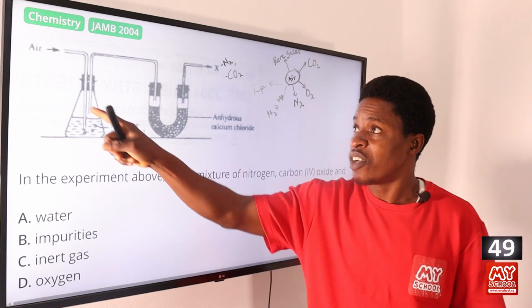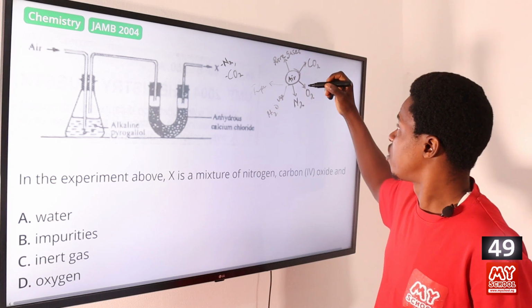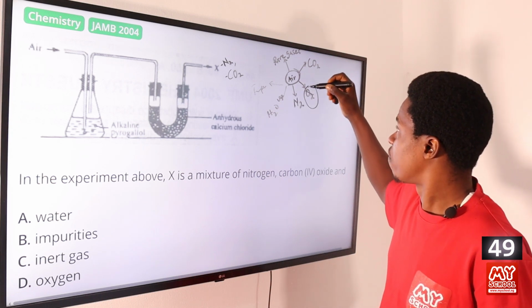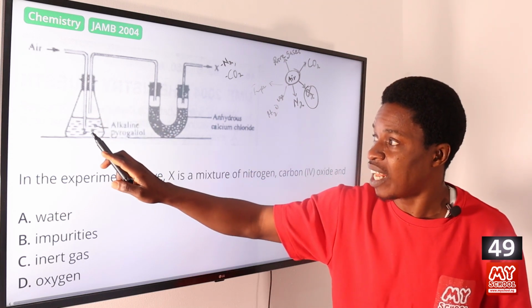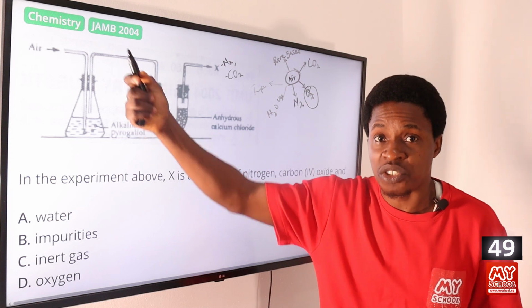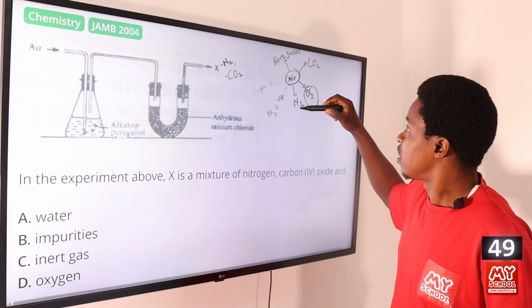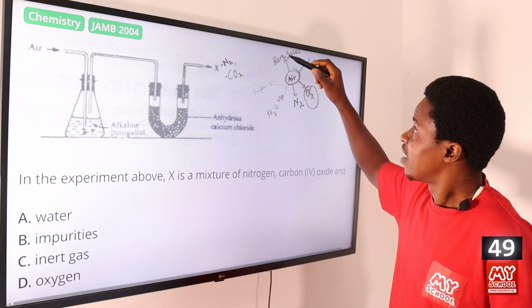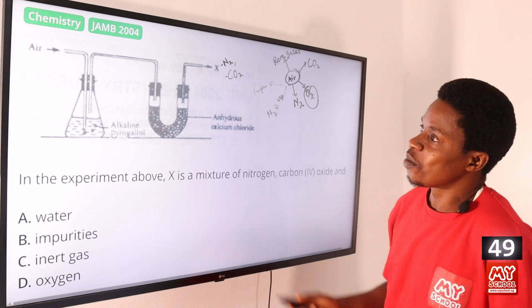So once air comes in contact with alkaline pyrogalol, oxygen is trapped off, leaving us with nitrogen, carbon dioxide, rare gases, impurities, water vapor, and so on.